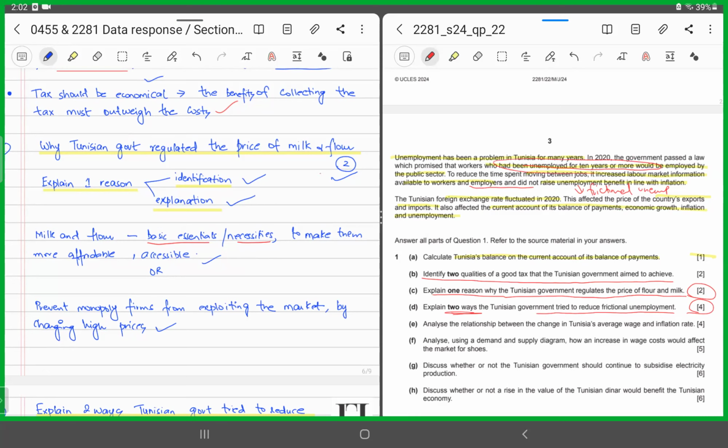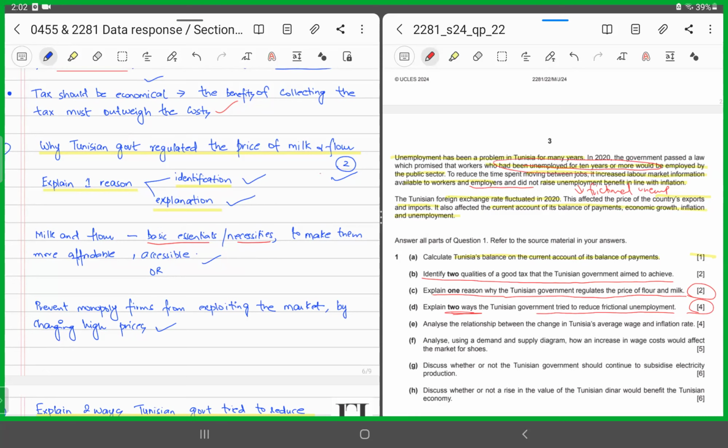Or B, you could say increase labor market information available to employers and workers. So if the information is available to workers, what would happen? The mobility of workers would increase. It would reduce job search time, right? It would increase awareness of job vacancies, right?